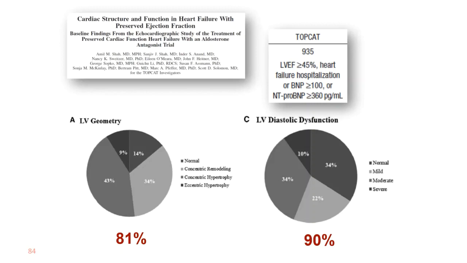Well, we know now through a number of studies in obesity that it's actually concentric geometry, either concentric remodeling or concentric hypertrophy, that is the most common form of altered left ventricular geometry in obesity. Of course, obesity coexists with obstructive sleep apnea and hypertension. And so these factors alone or together promote abnormal left ventricular remodeling.